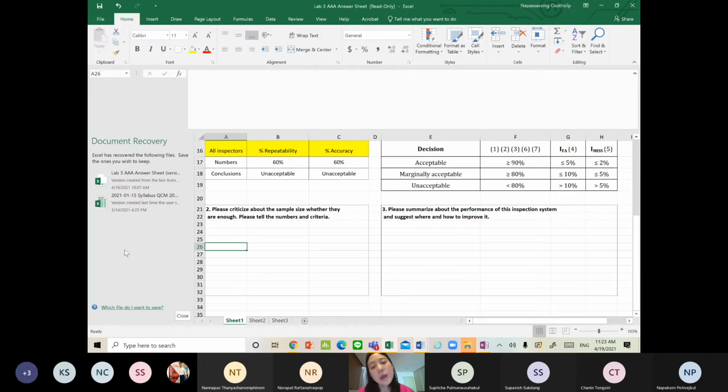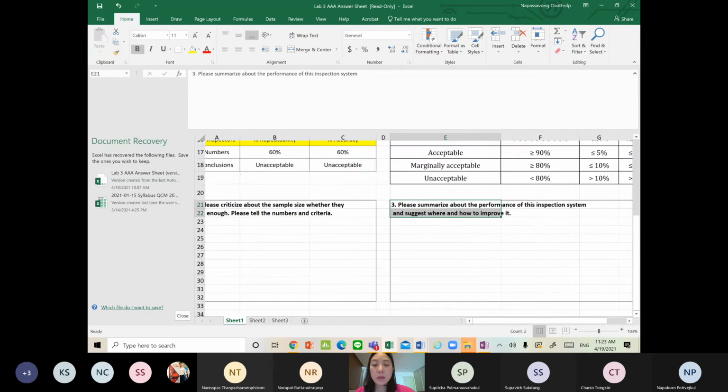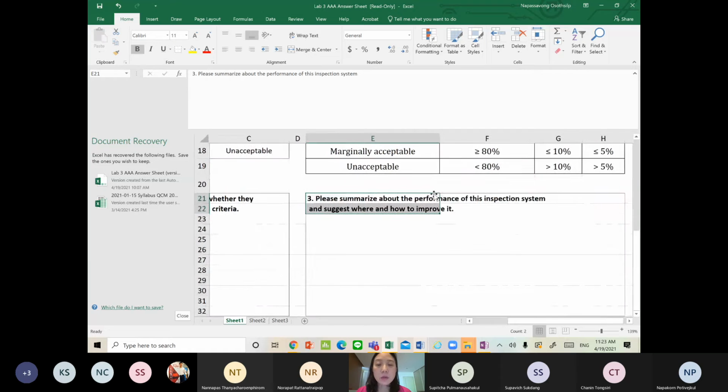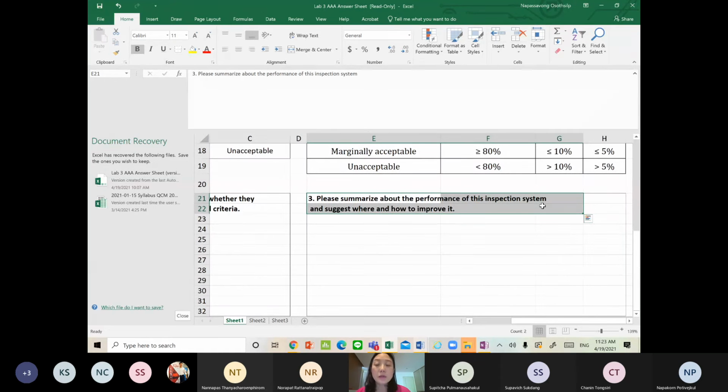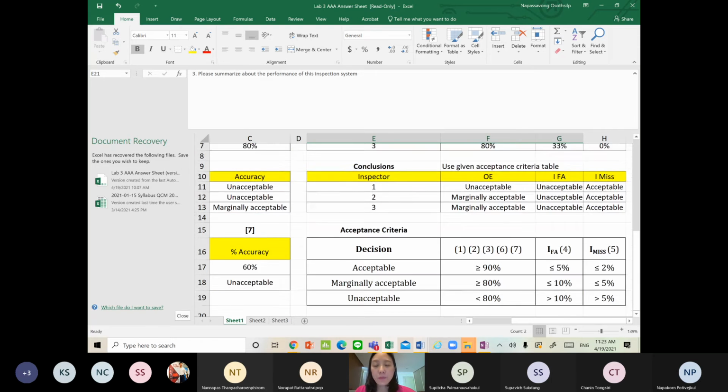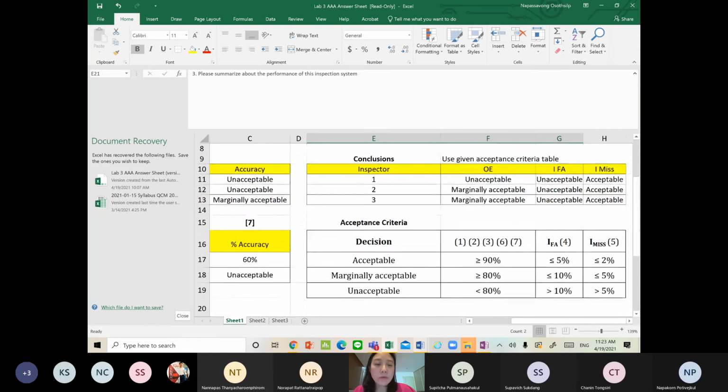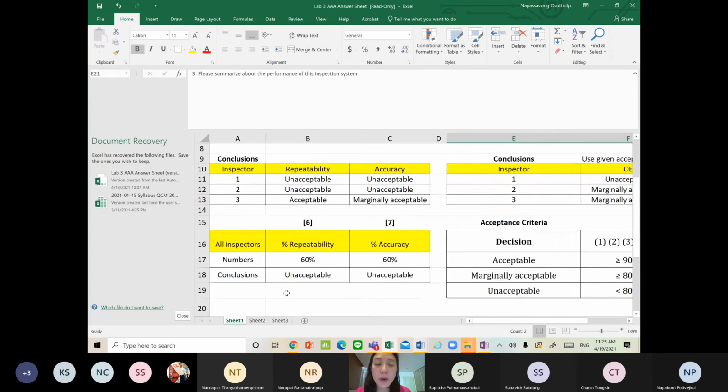And the last question, which is the really important part. Question number 3 is: please summarize the performance of this inspection system and suggest where and how to improve it. Where means which indicator we should improve. For example, overall we first have a problem with both repeatability and accuracy.